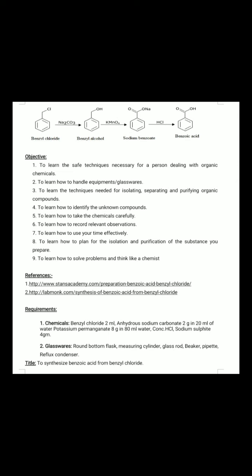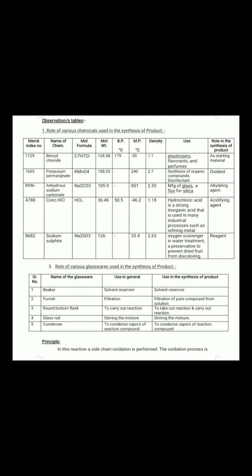ONa means sodium salt, that Na reacts with HCl giving NaCl, which is the byproduct, and H adds on that oxygen, so we get our desired product, benzoic acid. Then we have to recrystallize this benzoic acid, our desired product.